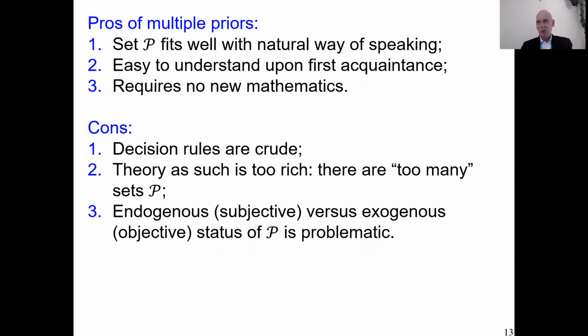The experimenter would just say to the subjects, this probability is between 0.3 and 0.4, that probability between 0.6 and 0.9. So they would just give the information to the subject in that form, which indeed is a natural way of speaking, but it's not the way nature usually provides us information. So that's also a big problem in the multiple prior theory still.